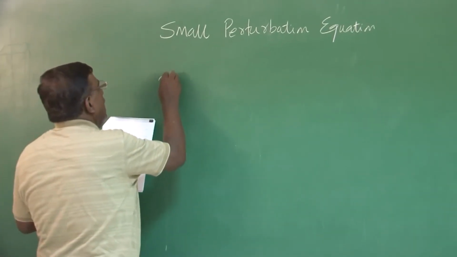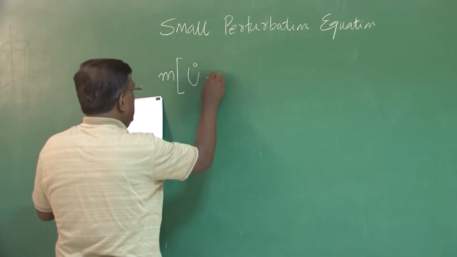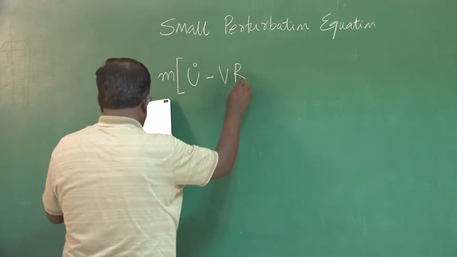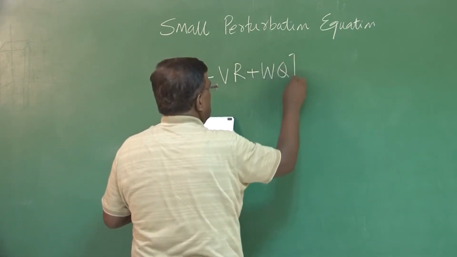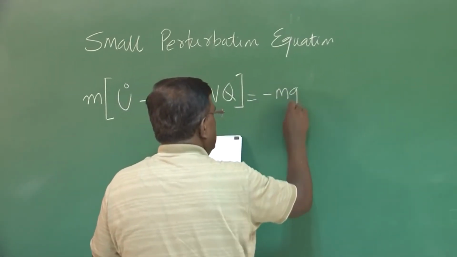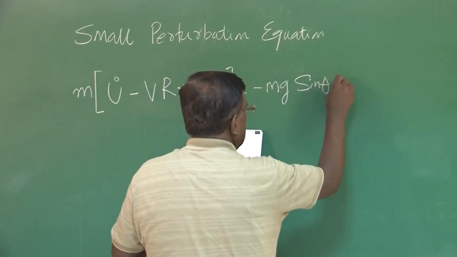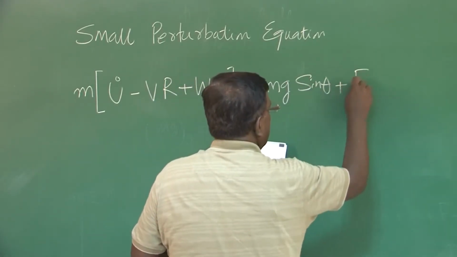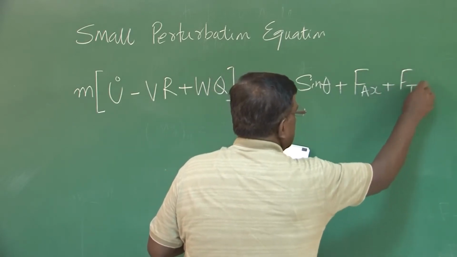Let me take m (u dot minus Vr plus Wq) is equal to minus mg sin theta plus f ax plus f dx.